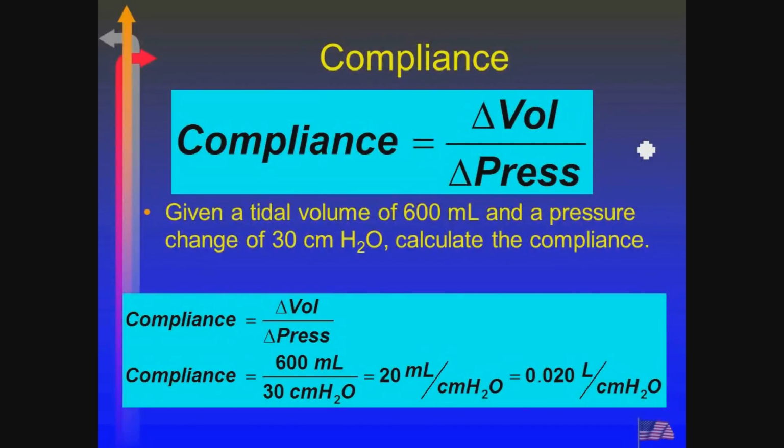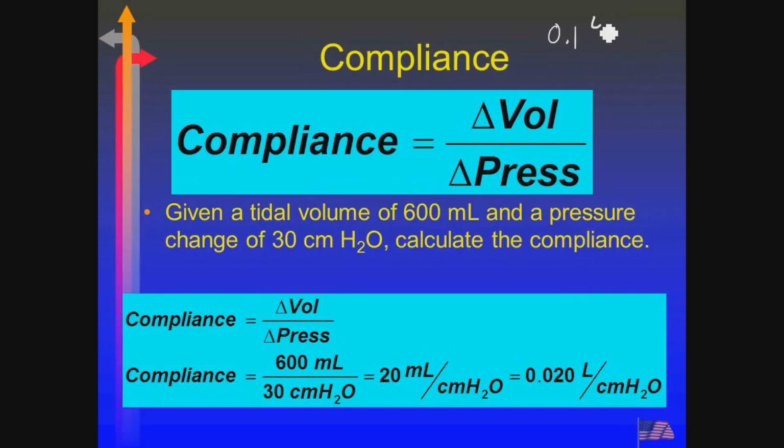Sometimes, because there's not a convention on this, it's expressed as liters per centimeter of water, in which case it would be 0.02 liters per centimeter of water, simply dividing that 20 by 1,000 to go from milliliters to liters. Does anybody remember what the normal compliance is? 0.1 units.